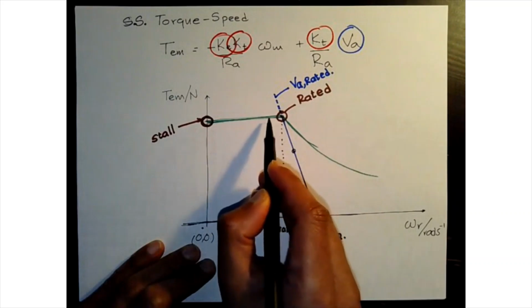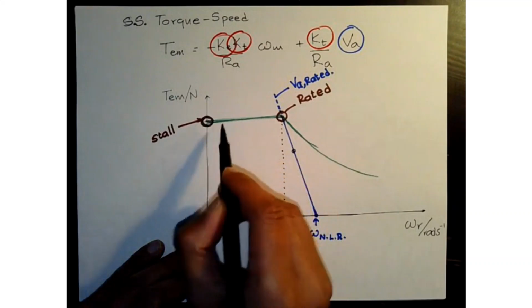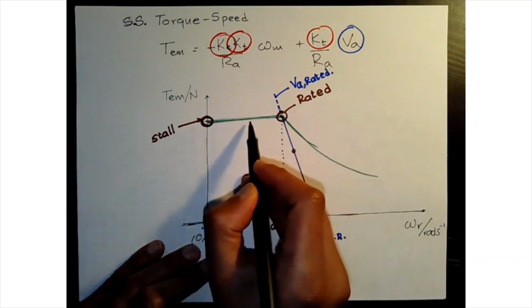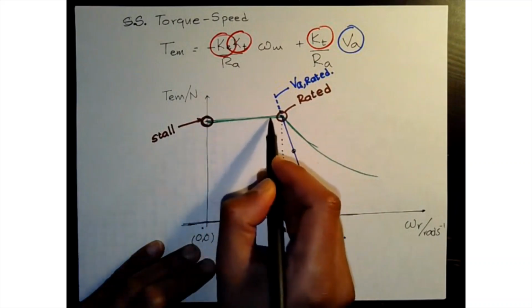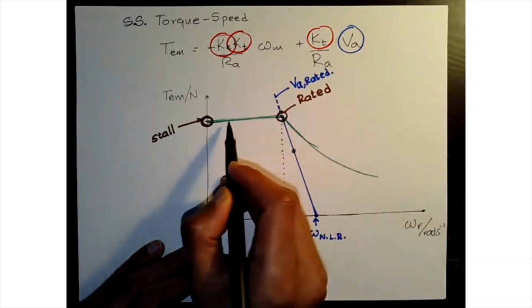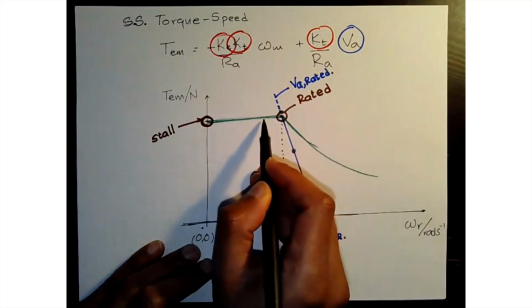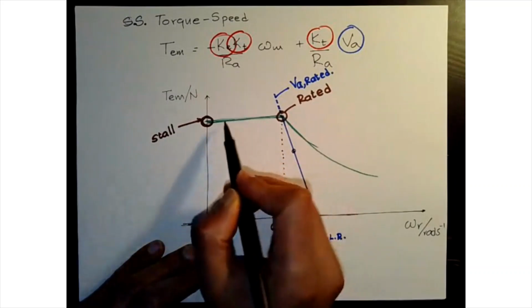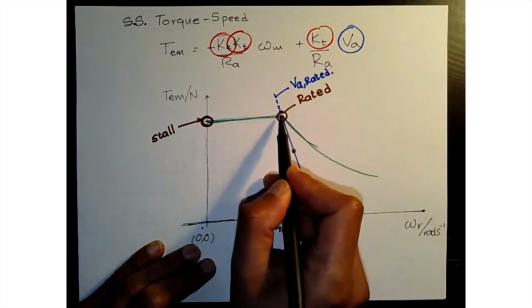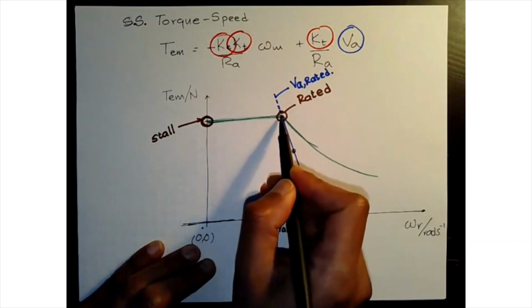What is changing then? So along this curve, what variable is changing? Exactly, speed is changing. So if speed is changing, what's voltage?